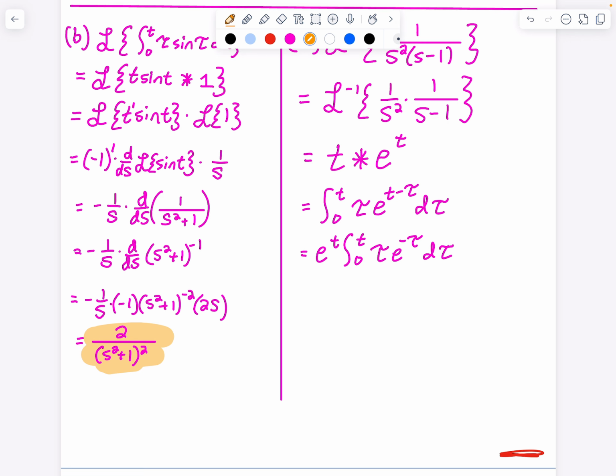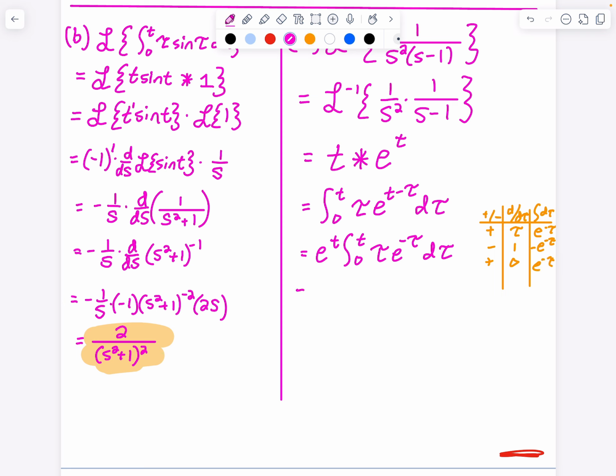Right, this is going to take some integration by parts. Not very much of it, but it's good practice. All right, so I got plus and minuses. I got derivatives with tau and then integral d tau. All right, plus, minus, plus. I have tau, 1, 0, as far as I had to go. E to the negative tau, negative e to the negative tau, e to the negative tau.